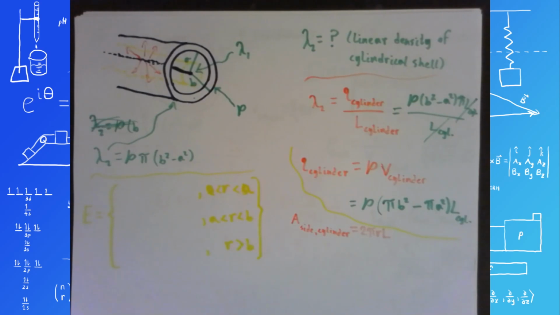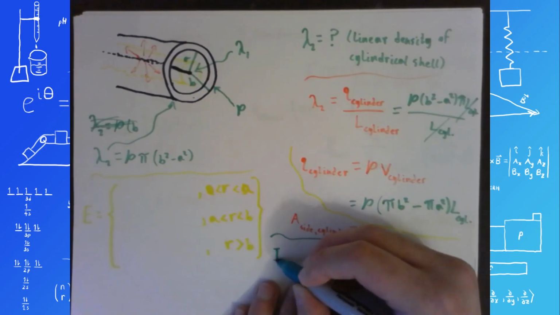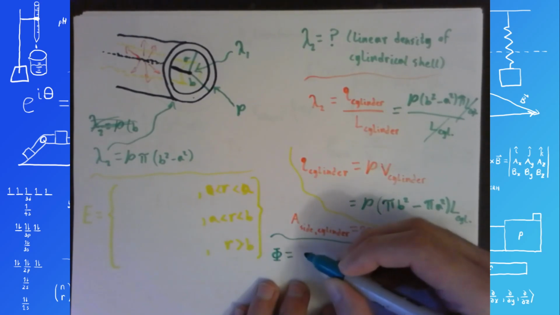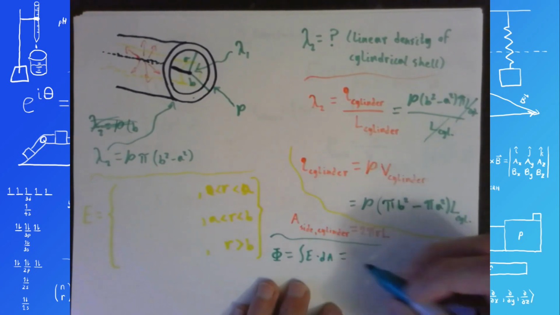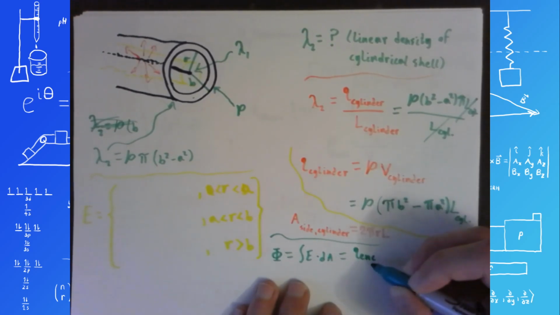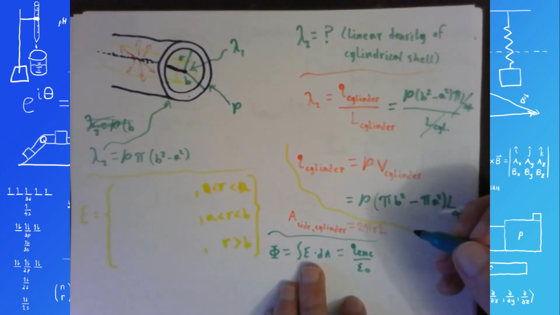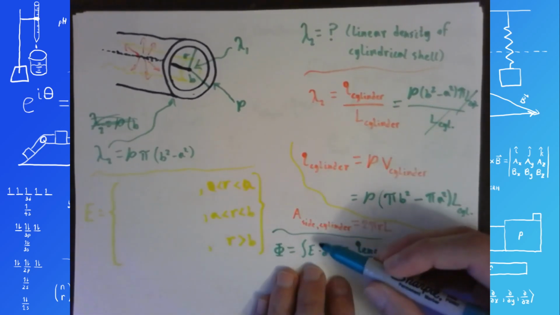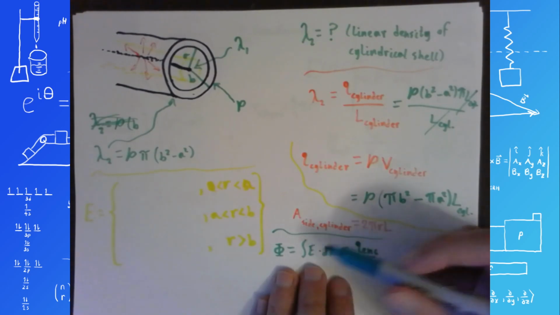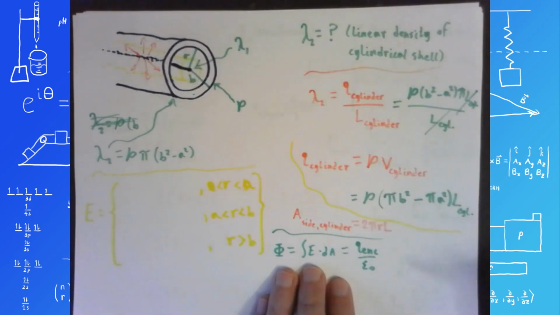So we need that side surface area to get our electric field from Gauss's law. So let's go ahead and write down Gauss's law. The flux equals the integral of E dot dA equals charge enclosed over epsilon naught. And the integral of E dot dA becomes the integral of E times dA, because the direction of the electric field is always going to be perpendicular to the Gaussian surface that we've chosen.